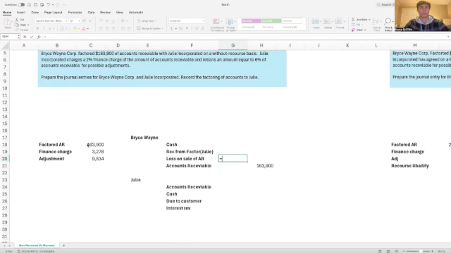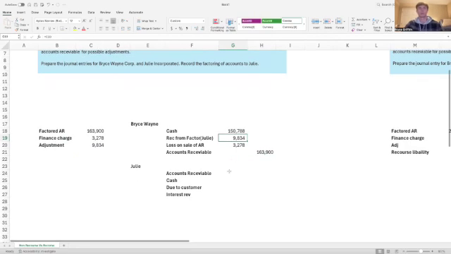The loss on sale of accounts receivable is going to be that finance charge. The cash, we don't know yet, but we will. It's going to be this adjustment right here. This is going to be the receivable from Julie, from the factor. And then we can calculate the cash by simply taking this, subtracting the receivable as well as the loss on sale of accounts receivable to get our cash balance.